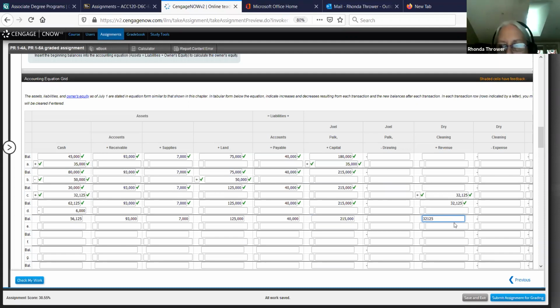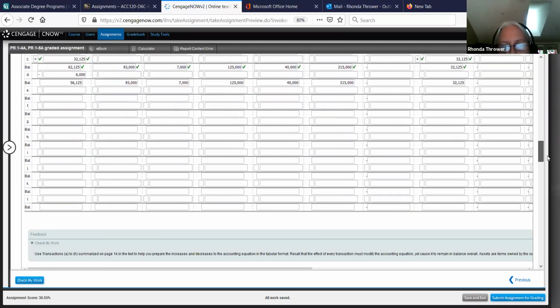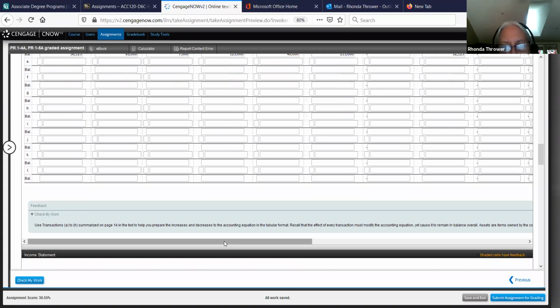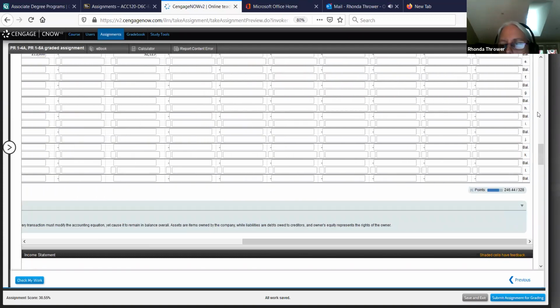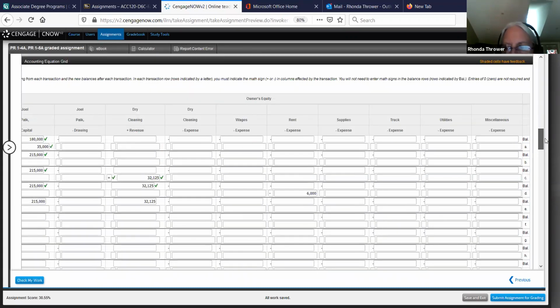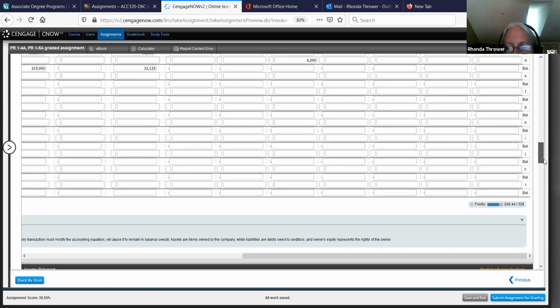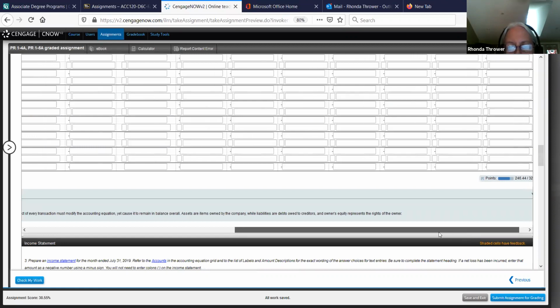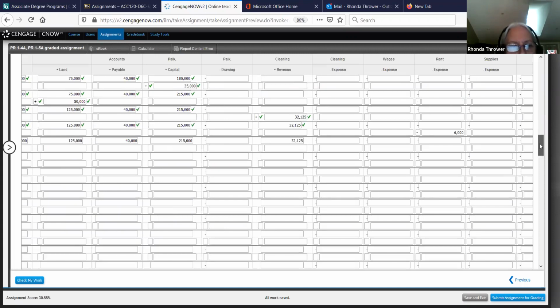So again, I'm going to scroll down to the bottom to where I can see the scroll bar here. I'm going to click and drag on that scroll bar. And I'm going to finish balancing these accounts. Let me see where I need to start.